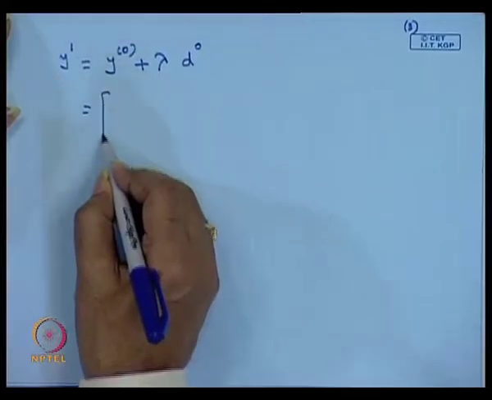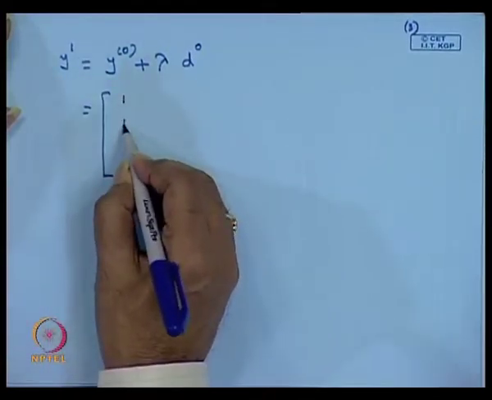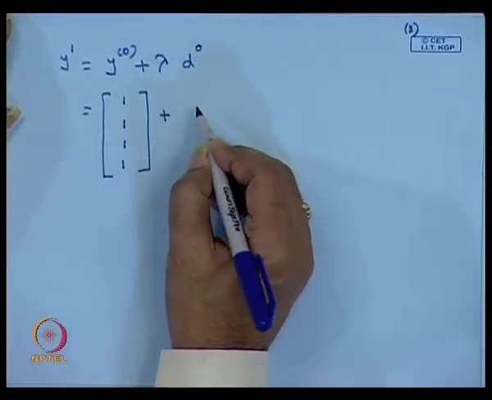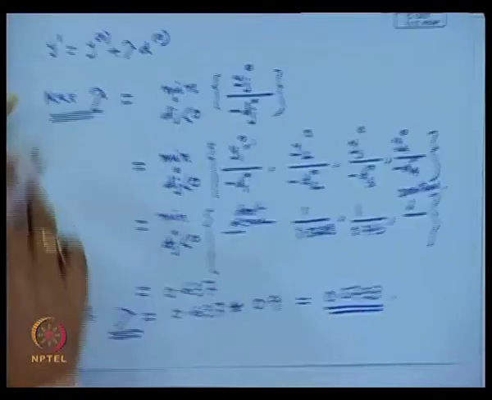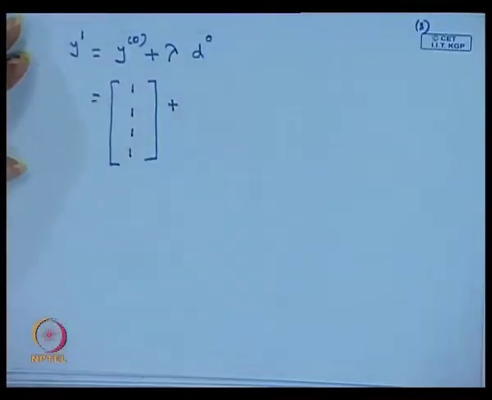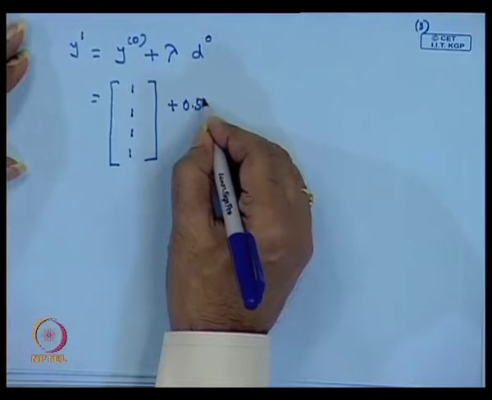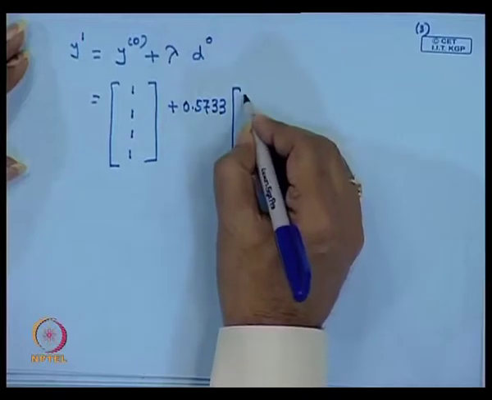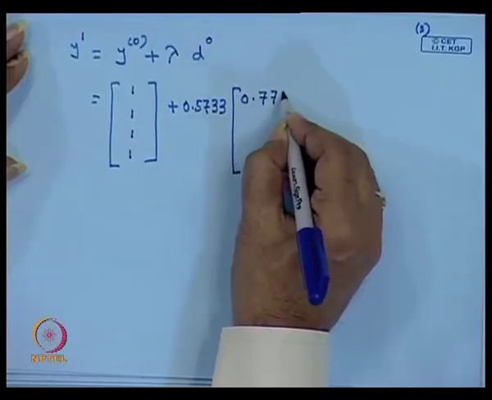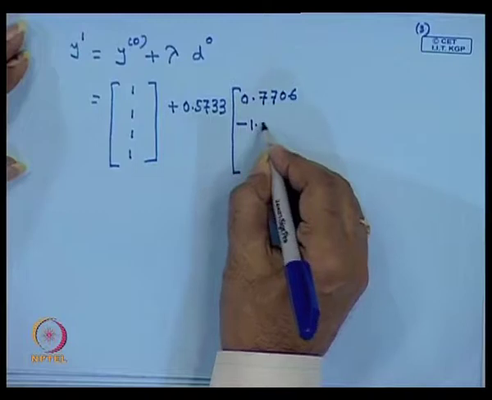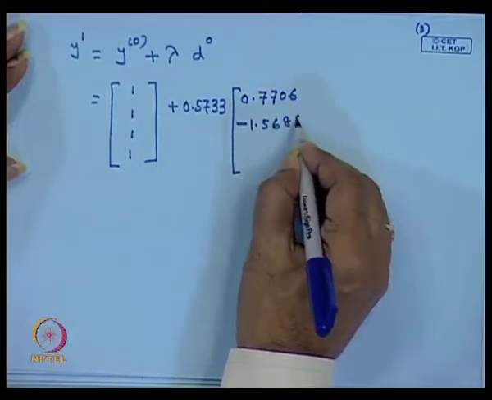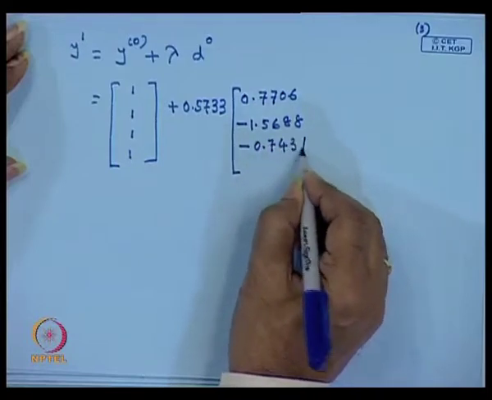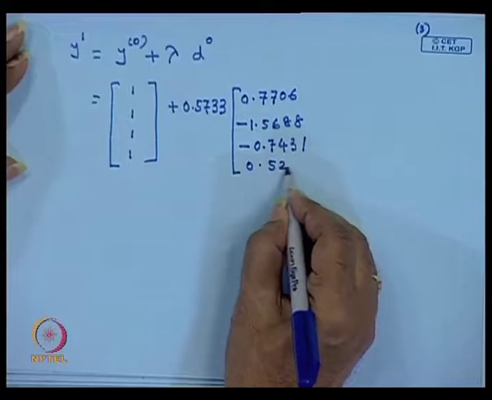Y of 0 we have scaled to all 1, then plus lambda, which you just got, 0.5733, into d0, which you got: 0.7760, minus 1.5688, minus 0.7431, 0.5229.